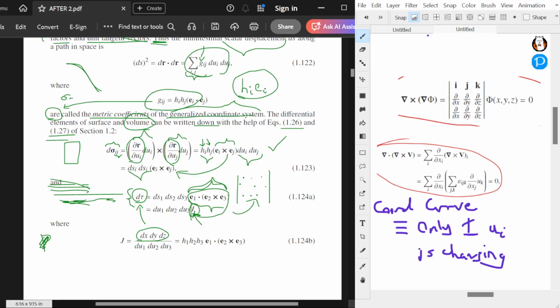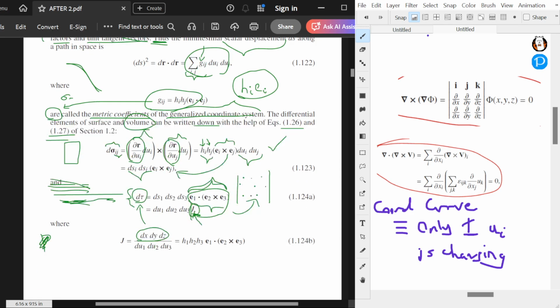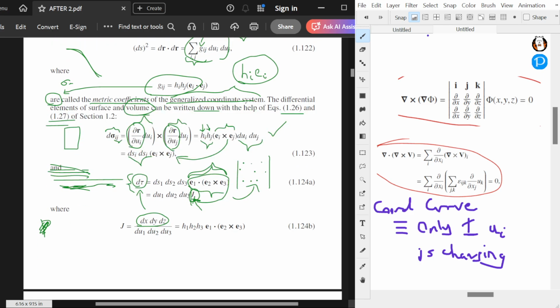Oh yeah, ds just breaks down into H. Oh, what is ds again? Hi dui. Yes, yeah. The h's end up inside there. Jacobian equal h1, h2, h3, and then this.